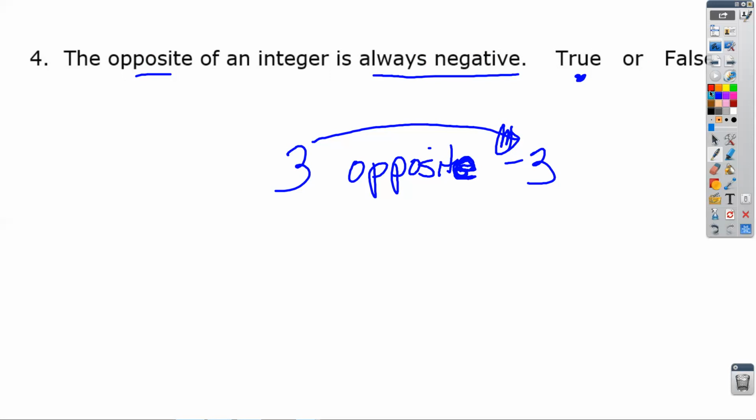However, when it's true false questions, you need to be kind of the devil's advocate, meaning you need to look for the negative. You need to try to prove it wrong. So is there a number that would give me a positive answer? So is there a number where the opposite is positive?